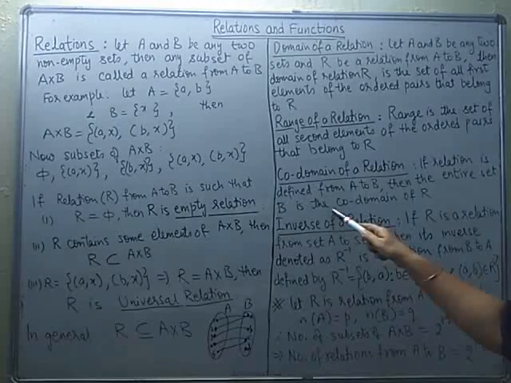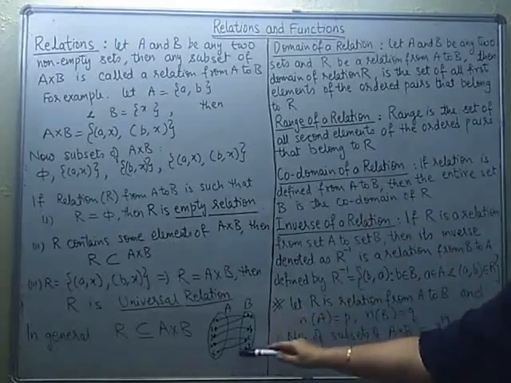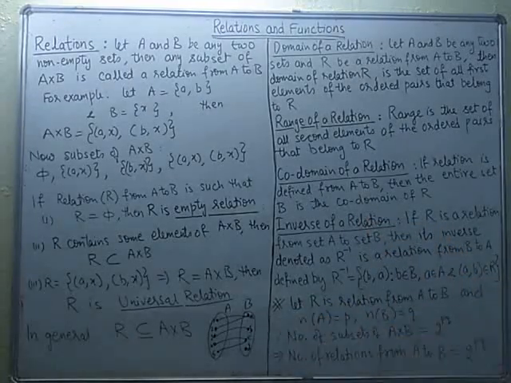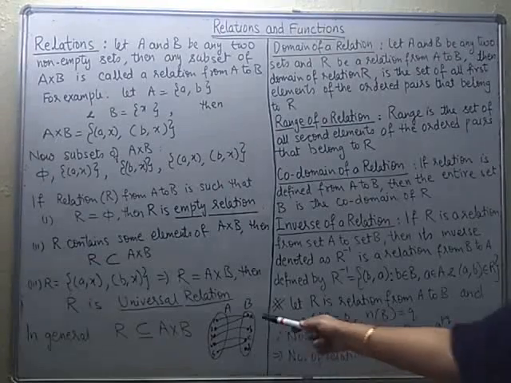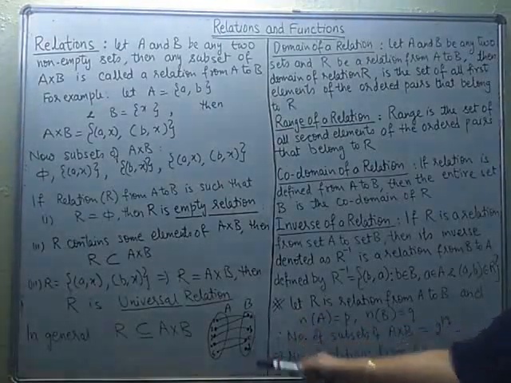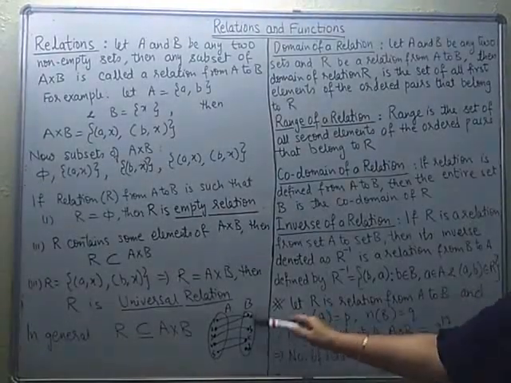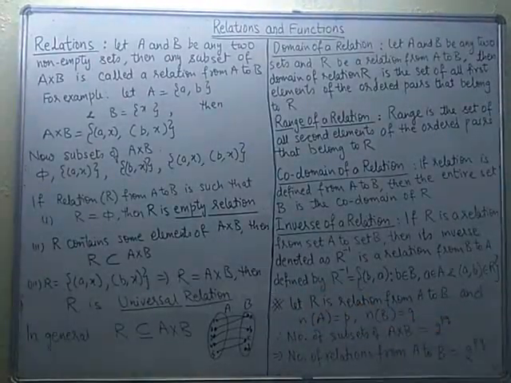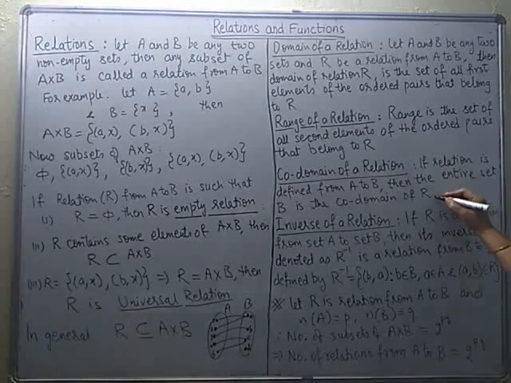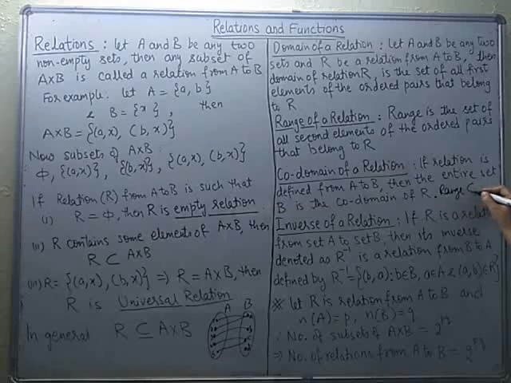But when we talk about the codomain, codomain is the entire second set. So if I have to define codomain for this, it will be a set containing A, B, C, D. So what do you see? Range is actually a subset of codomain. We can add this: range is a subset of codomain.